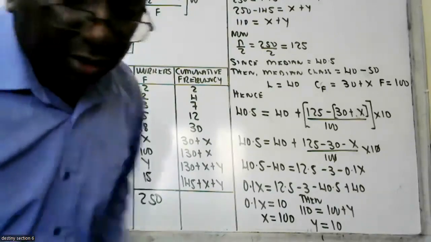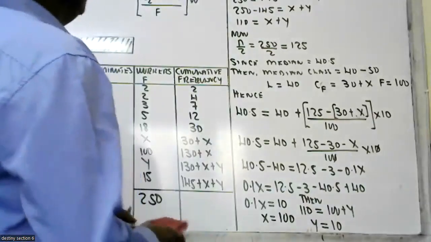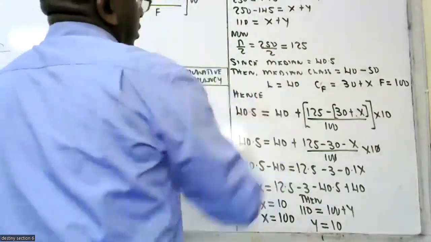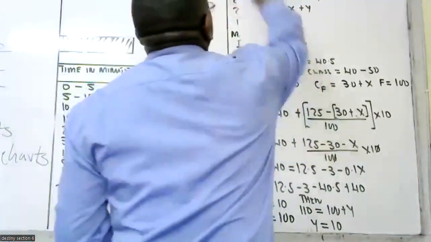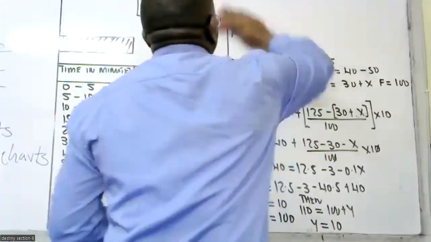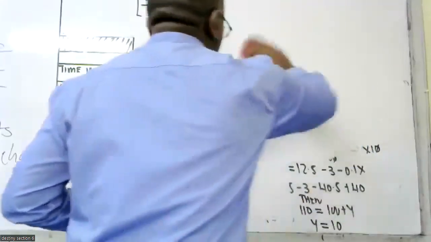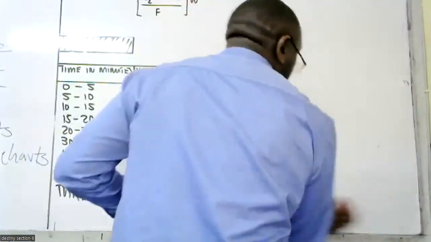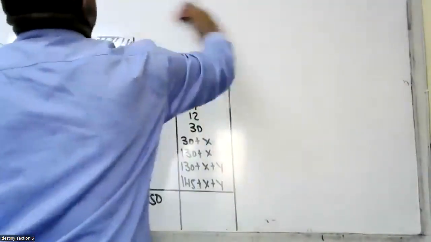So if that is okay, we can design the other one for the board. Still, we shall borrow some of these things. So down there, write the formula of the mode.